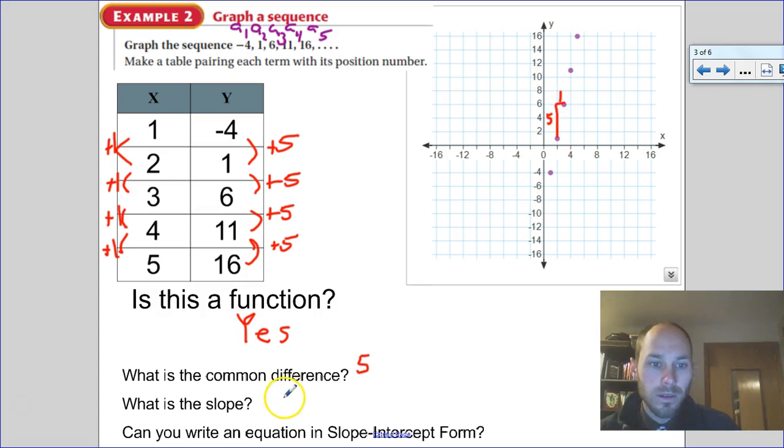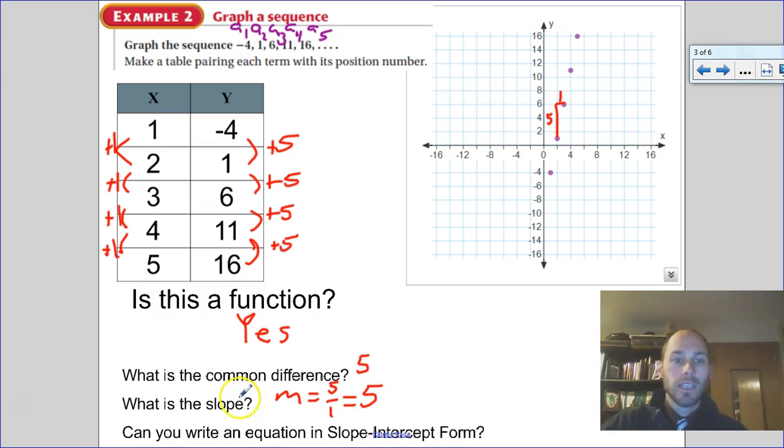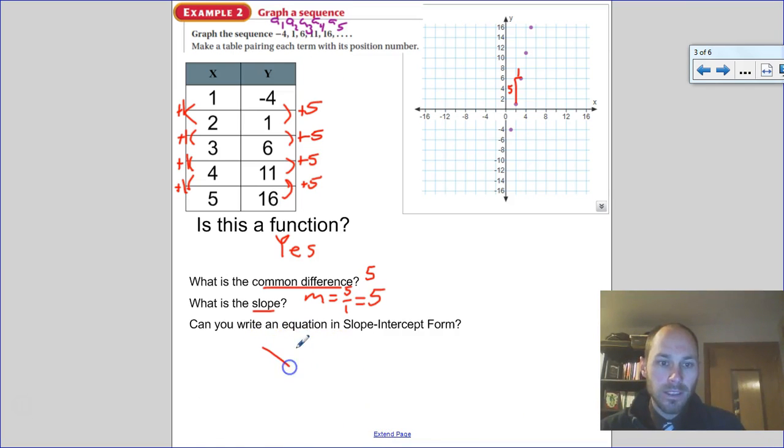So my slope would be 5 over 1, which I could simplify as 5. We can see that connection between the common difference and the slope. In a sequence, the common difference means about the same thing as slope in a linear equation. So if I wanted to write this in slope-intercept form, I'd say y equals mx plus b.